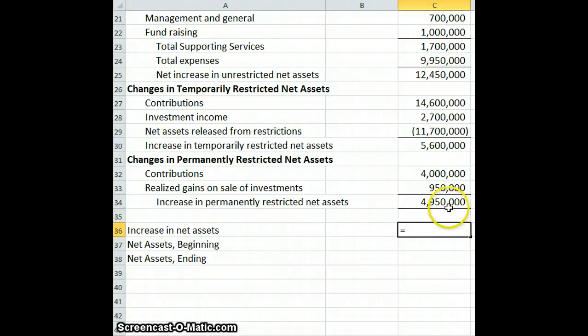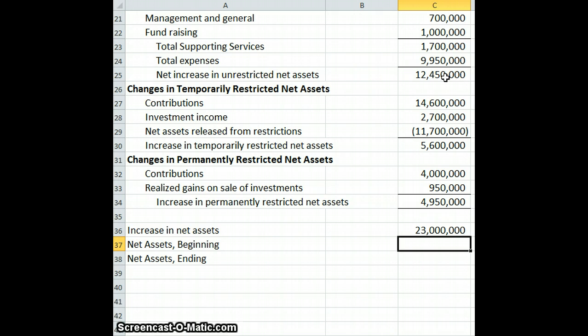That leaves us with our increase in net assets equal to our $4,950,000 plus our $5,600,000 plus our $12,450,000, or $23 million is our increase in net assets.